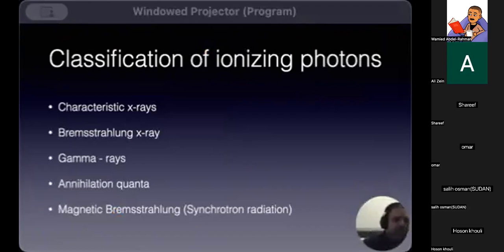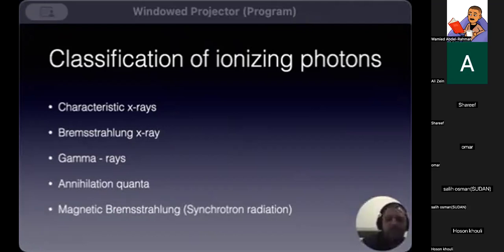As we mentioned last time, the ionization energy of atoms is about 13.6 electron volts, based on the Hartree approximation. But we know it's not constant for atoms. So basically, we're talking about photons with energies of electron volts and above.